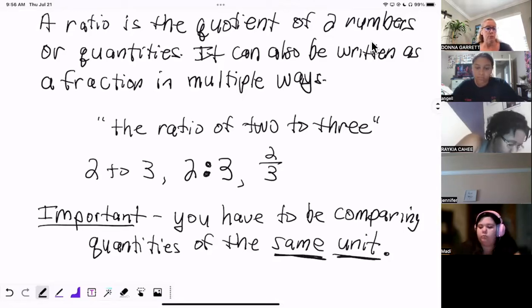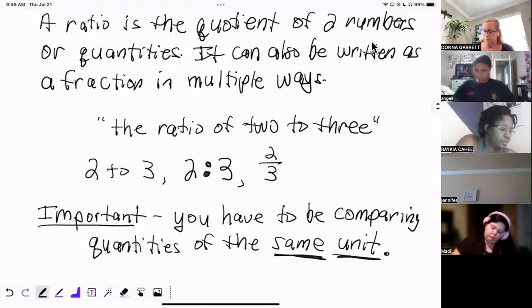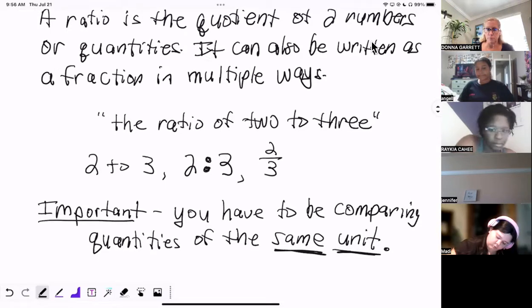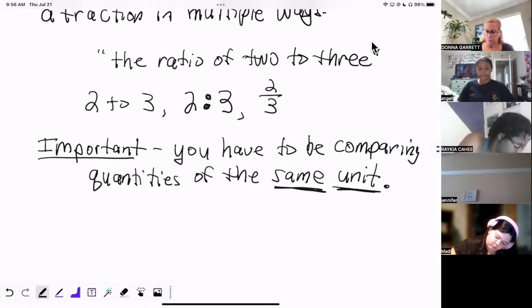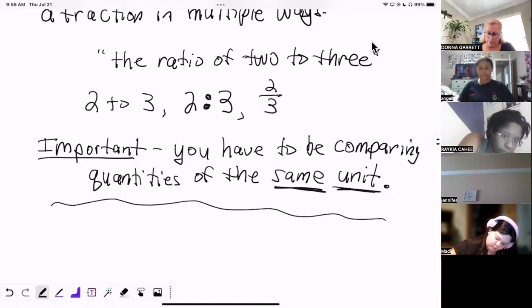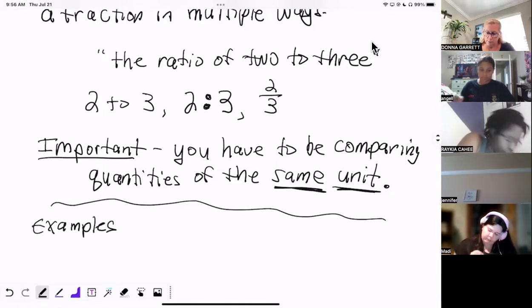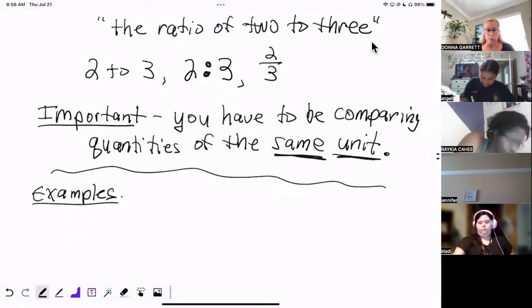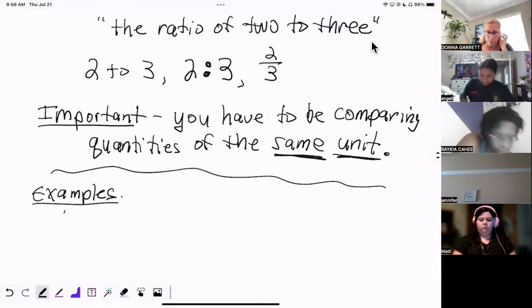And I'm going to do a couple examples. A little look at ratios before we start really putting things together. Okay, so here's the directions.